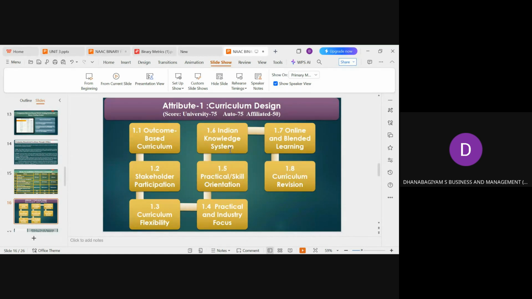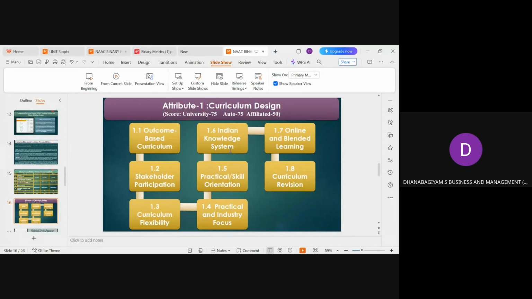And beyond the syllabus, whether we have any other value-added course or any other multidisciplinary or interdisciplinary syllabus, which is imparting more and more knowledge to the students. And we have seen about the faculty resources, infrastructure, and all the other financial attributes which we have checked.